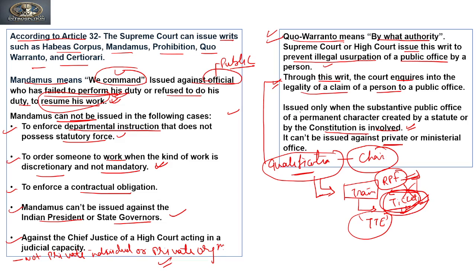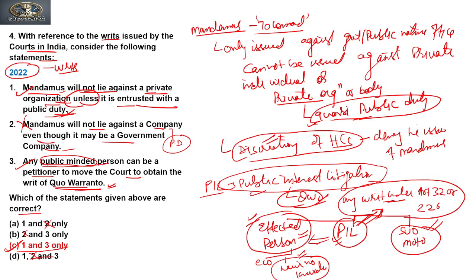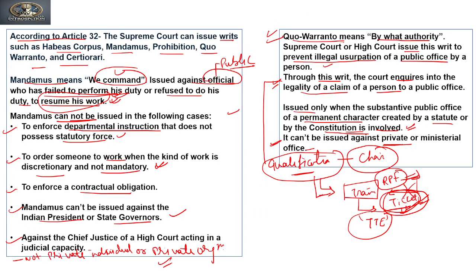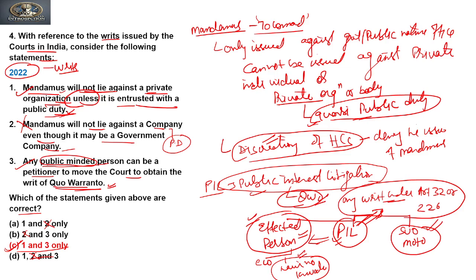So it is issued only when a substantive public office of a permanent character, created by statute or by the Constitution, is involved. It cannot be issued against a private or ministerial office. Clear? So this covers the writs of prohibition, mandamus and quo warranto.